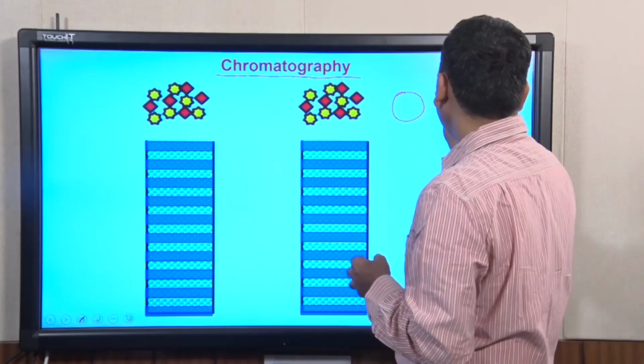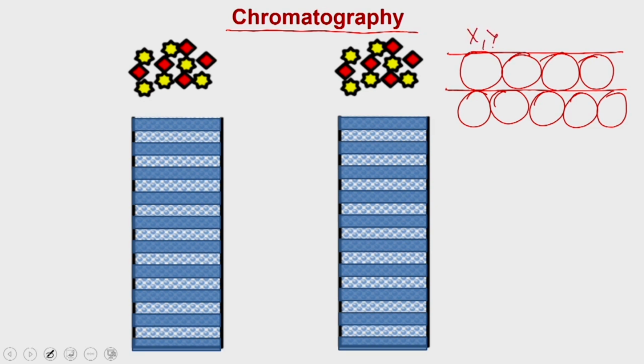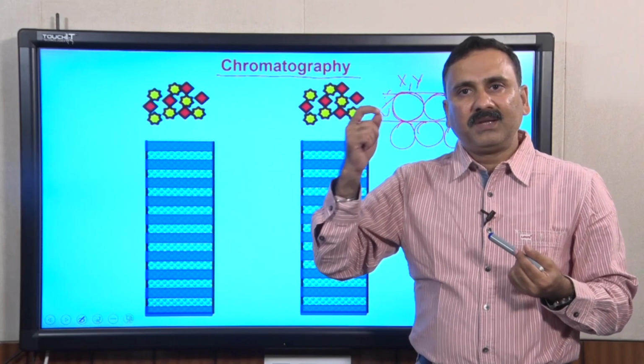These beads are arranged in this fashion, making layer after layer. The beads are sitting on each other, making multiple layers. Once the molecule X or Y interacts with these beads, it experiences a distribution.